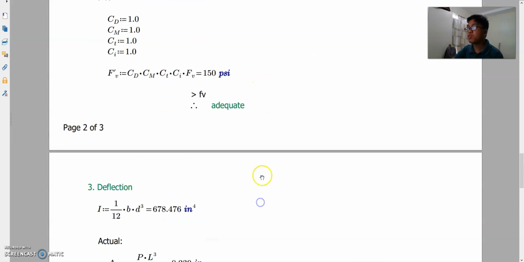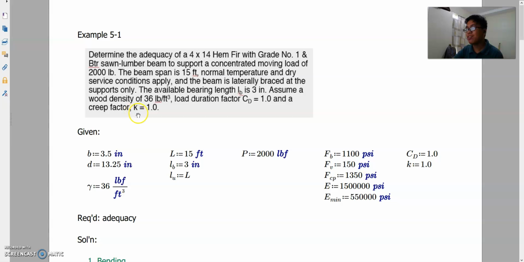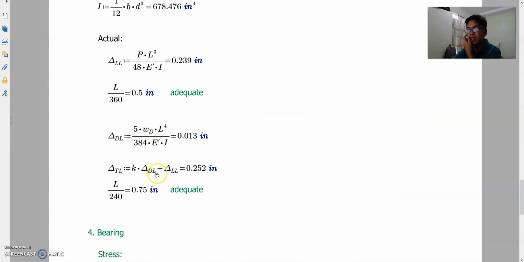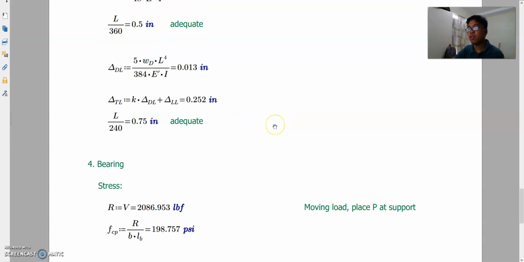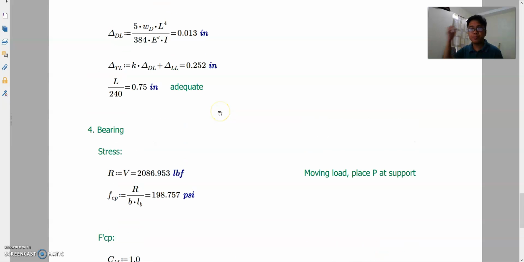But in our case, K was already given, right? The factor K equals 1. And so, we can compute for the total load deflection, 0.252, comparing with L over 240, still adequate.